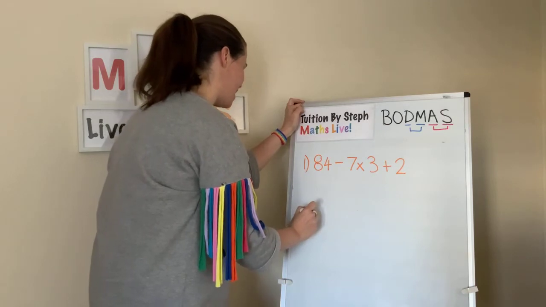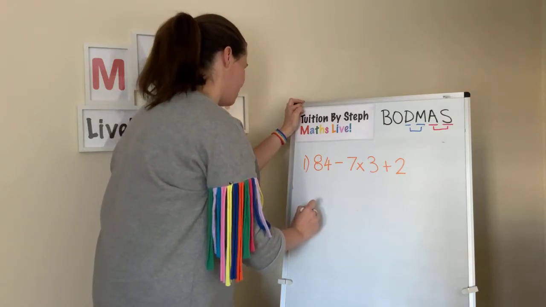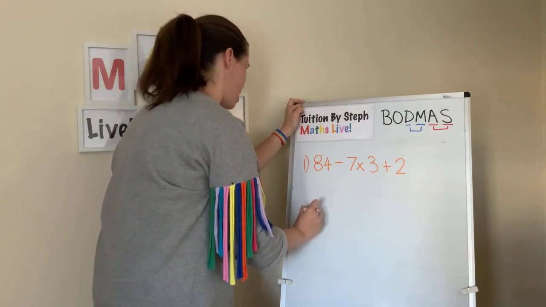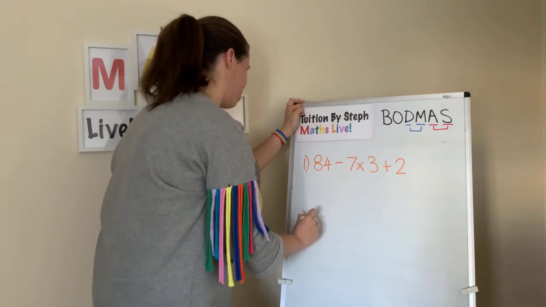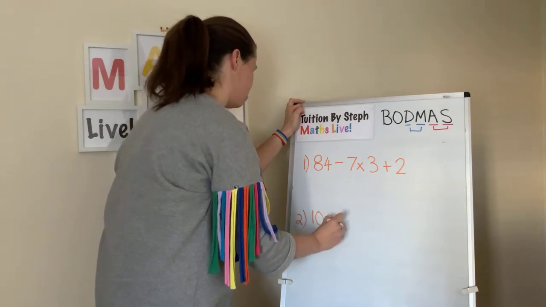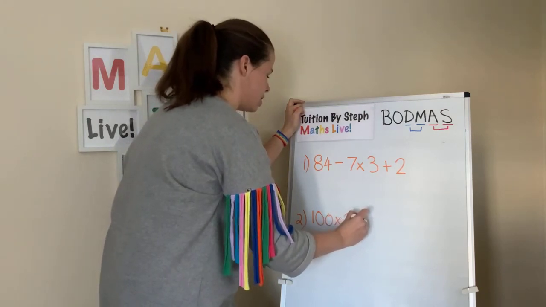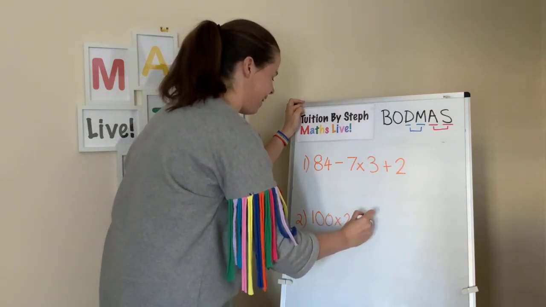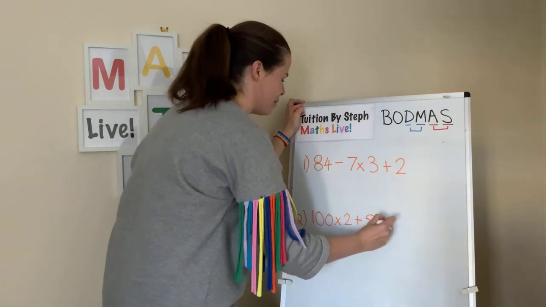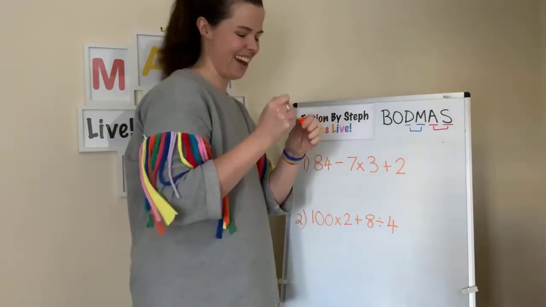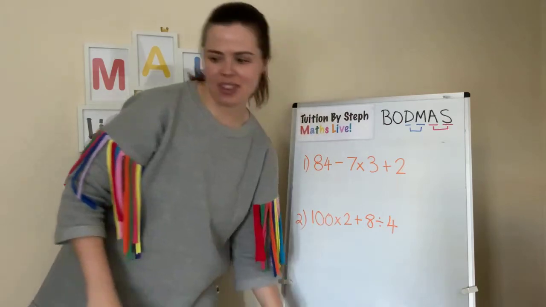And for the last one, I'm going to give you 100 times by 2 plus 8 divided by 4. Let's go with that.